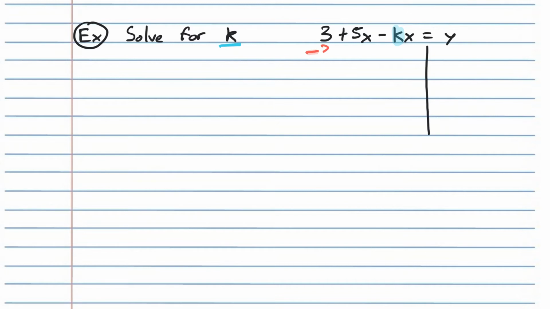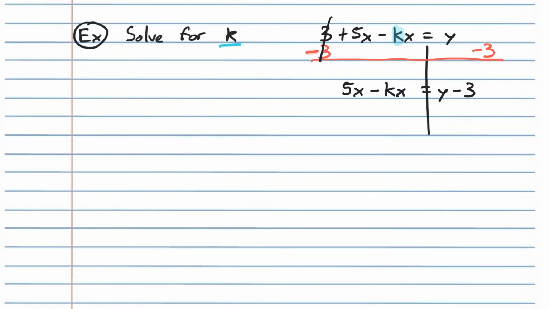We'll subtract it to the other side. So subtracting 3 there. Again, I don't want to line it up with the y because I can't combine them. So let's put it off to the side over here. Line across. Okay, leftovers. These are gone, but we still have that 5x minus kx. And over here on the right, we have y and then minus 3.